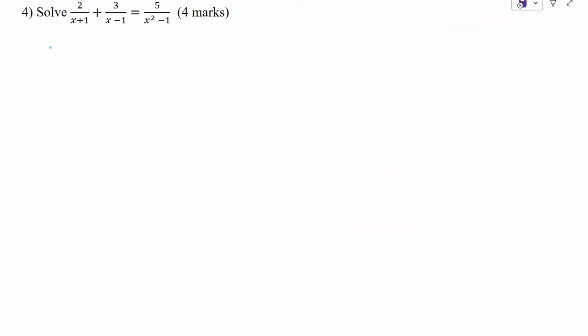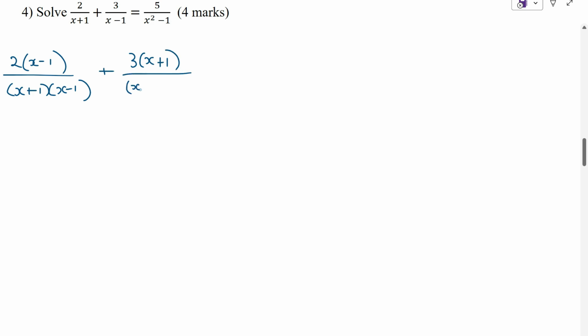Okay, looking at question 4. Again, we're solving here and we need to add these two fractions together. So let's go ahead and cross multiply. Okay, so let's expand and simplify.